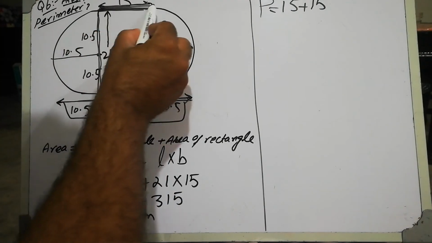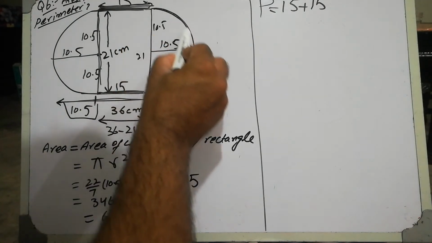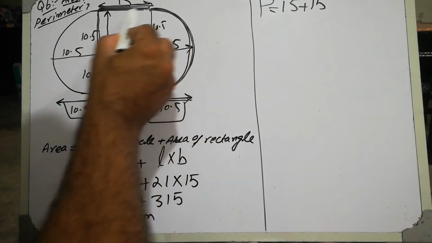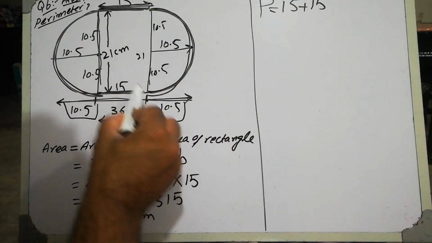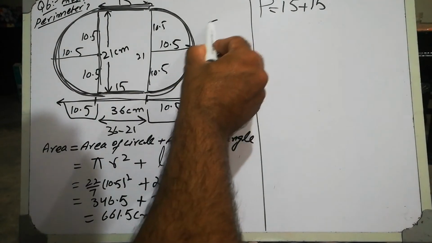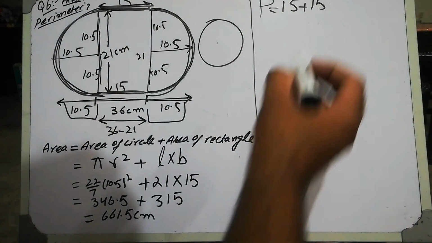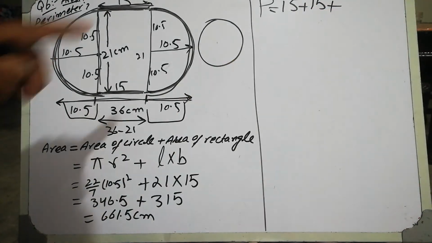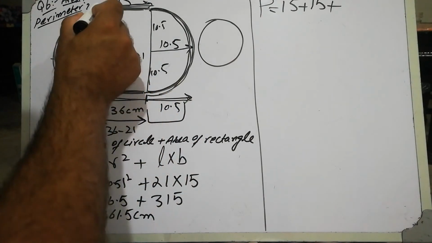So this 15 straight side and this 15 are part of the boundary, and now these curved parts, half this and half this, are part of the boundary, and these halves make up a complete circle. So 15 plus 15 plus the circumference of a complete circle.